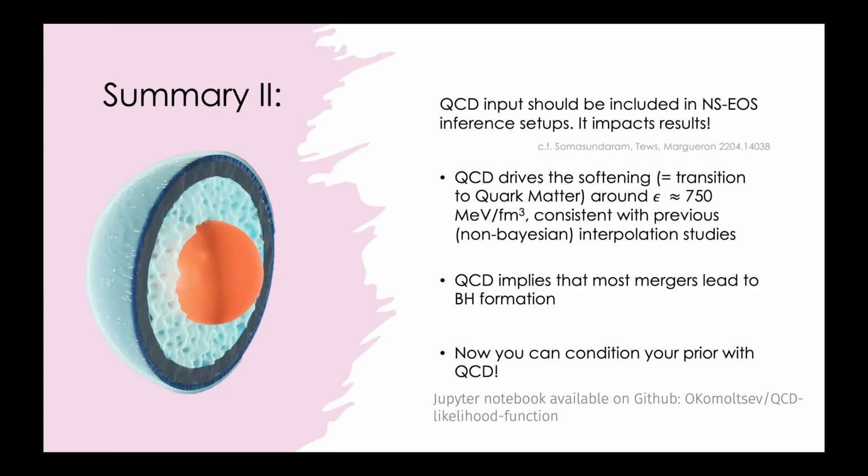And if at the end of the day everything is taken into account and there is still an inconsistency, that means that the assumptions that go into this business are false. What are the assumptions? The assumptions are that the neutron stars are described by general relativity and quantum chromodynamics.